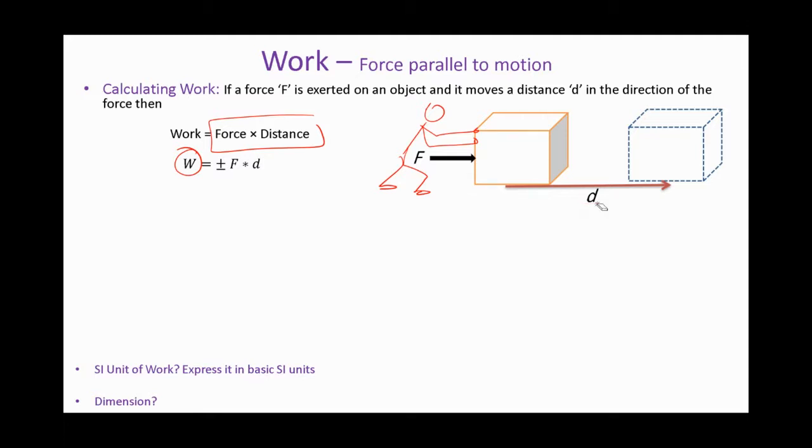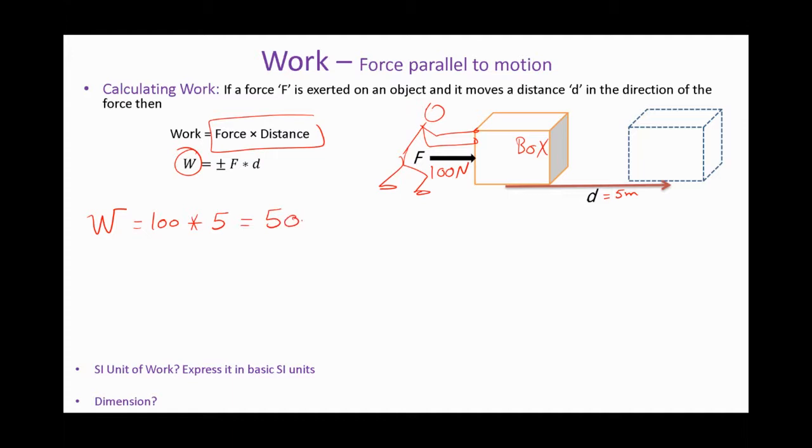Okay? If he applies a force of 100 Newton, and the box moves 5 meters, what's the work that he applies on the box? He applies 100 Newton and he moved 5 meters.